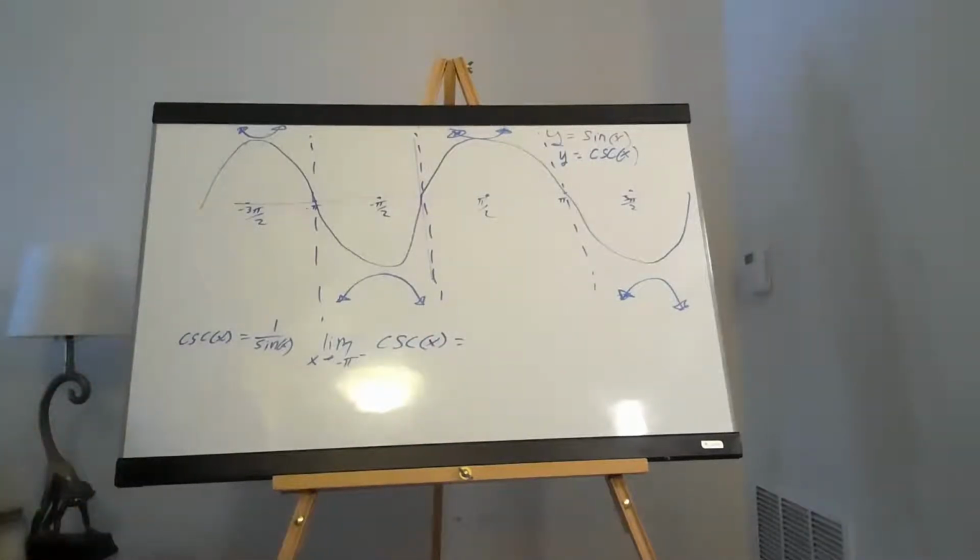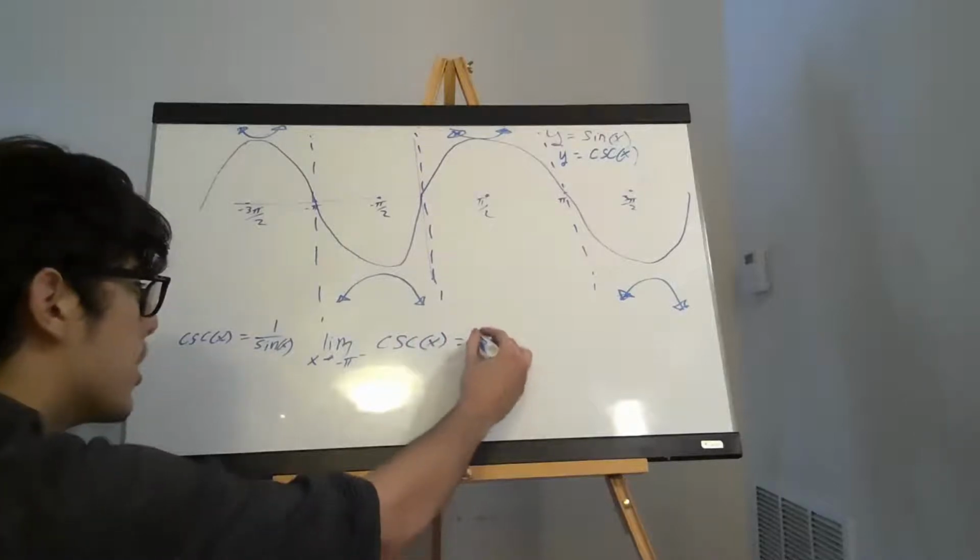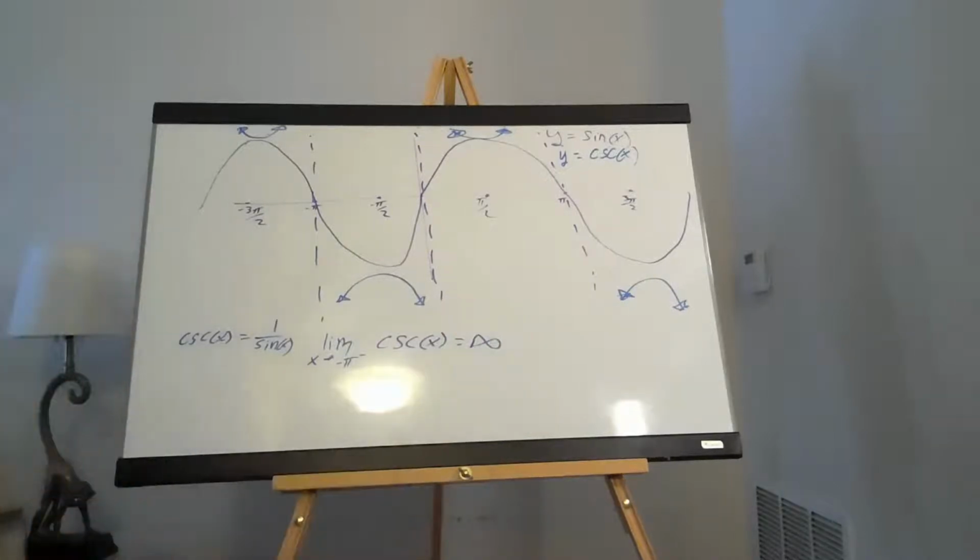Okay, so negative pi from the left side. So our answer is positive infinity. I don't want to make you guys answer all these because these are kind of the very similar thing to the last one, but we're through the graph part.